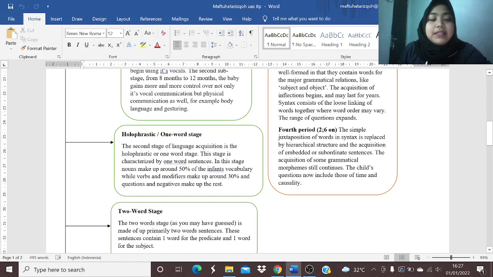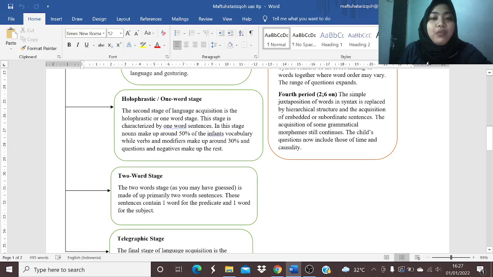And the second is the holophrastic or one-word stage. The second stage of language acquisition is the holophrastic or one-word stage. This stage is characterized by one-word sentences. In this stage, nouns make up around 50% of the infant's vocabulary, while verbs and modifiers make up around 30%, and questions and negatives make up the rest.